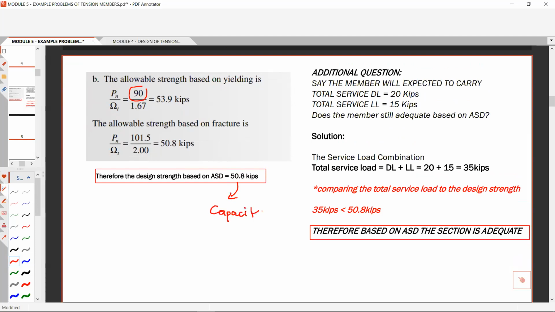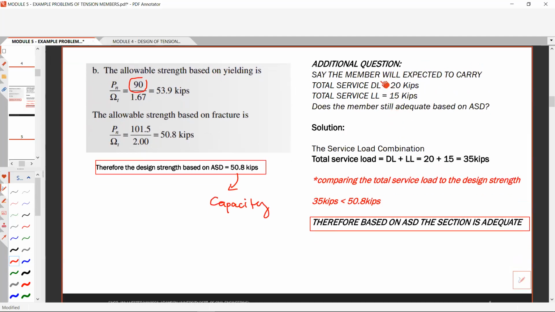So, an additional question. Let's say the member is expected to carry a total service dead load of 20 and a total service live load of 15. Is the member still adequate based on ASD? For the solution, you need to find the capacity versus the demand. Since your capacity is based on ASD, your demand should be based on ASD load combinations.